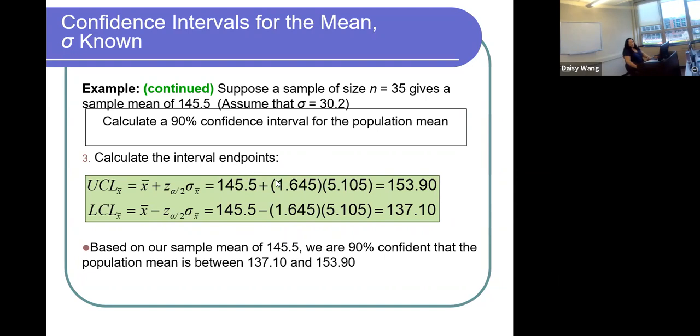So the upper interval endpoint will be 145.5 plus 1.645 times 5.105, which is 153.9.